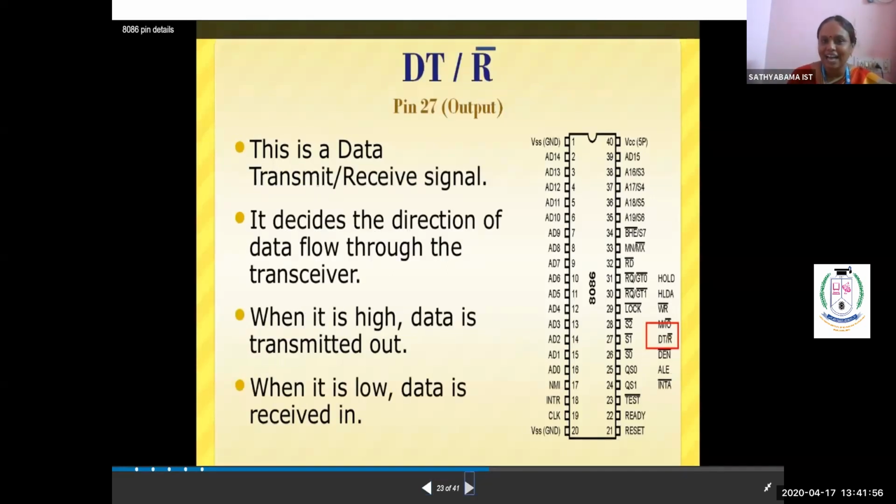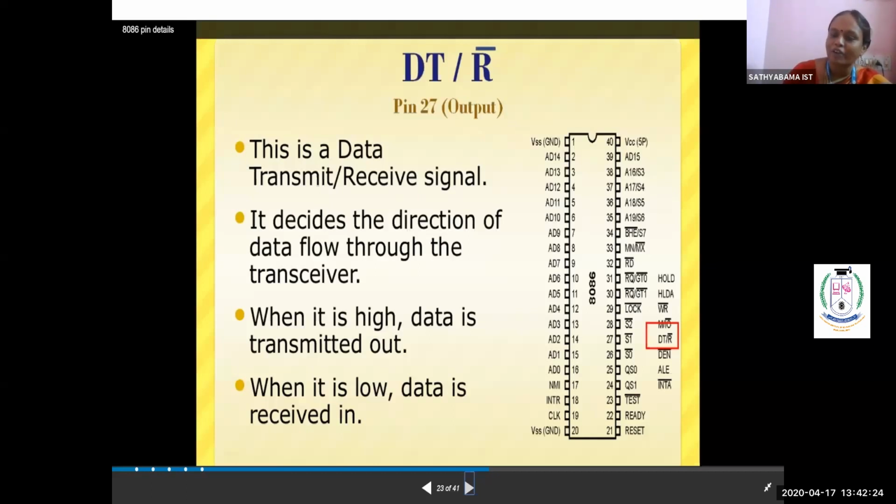Then DT/R bar: data transmit, data receive. Whenever I am transmitting my data, the value of the signal should be 1. DT means when it is high, this pin will work for data transmit. When it is low, it means receive. One pin is serving two purposes, working in high as well as low.